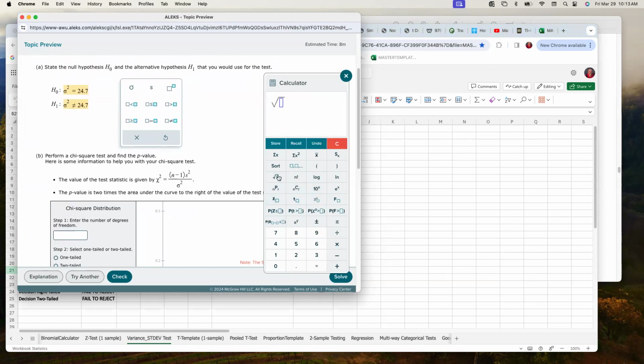I'll take the square root of 24.7, and I hit enter. So that is going to be 4.970, because we're going to round to 3 decimal places.